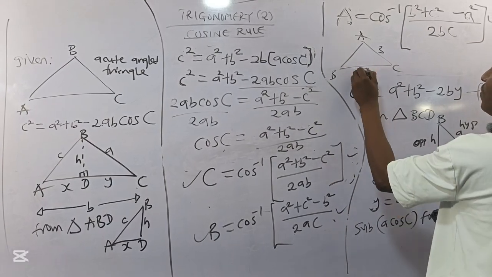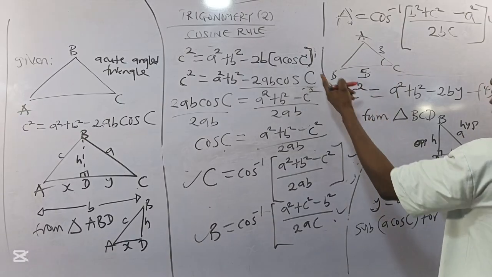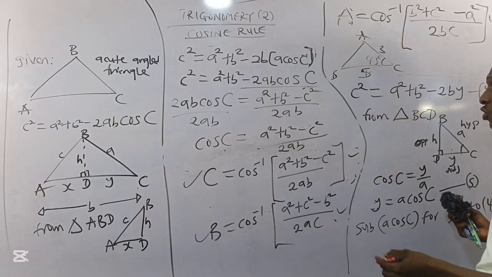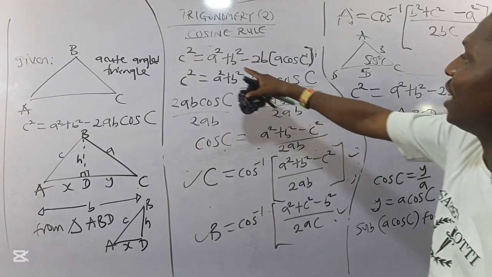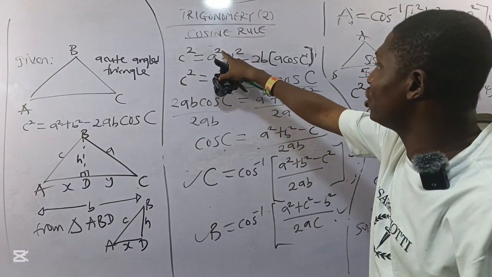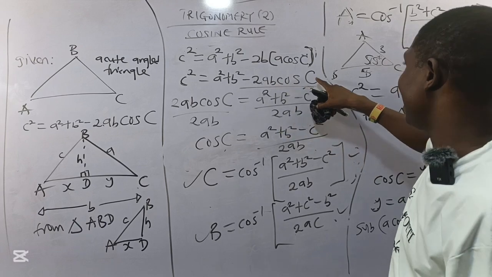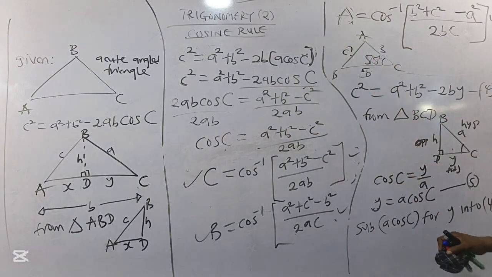Now, okay, let me say 5. The included angle was also given, which is this capital C you are seeing here. Let me say 55 degrees. We can use this formula C square equals A square plus B square minus 2AB cos capital C to solve for my side C here, if it's a question.